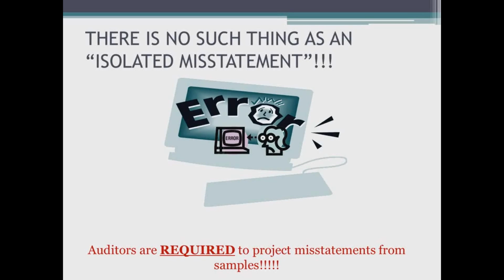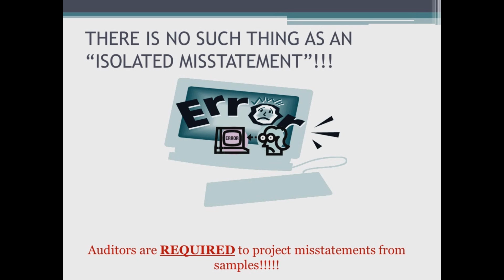So in the opening vignette, the auditor really didn't have a dilemma, right? Because the standards require you to project your misstatements to the entire population. You can't find an error, and then the client gives you some explanation and you go, oh, that sounds reasonable.